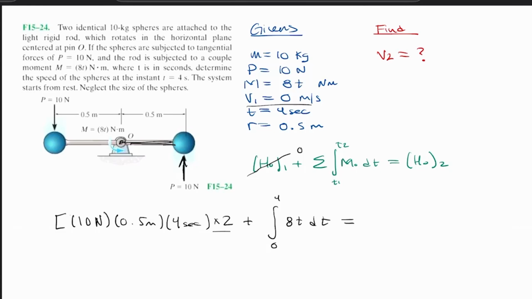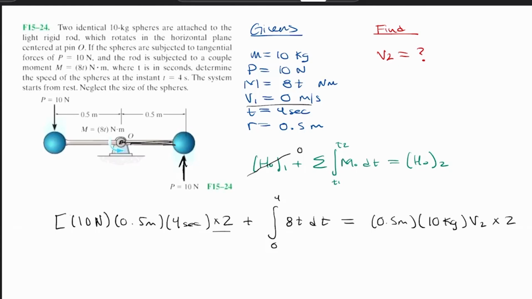And this is equal to the radius, which is 0.5 meters, for the angular momentum, times the 10 kilograms times V2, and this will also be times 2 because there are 2 of those spheres.